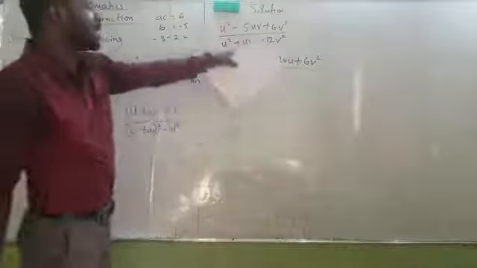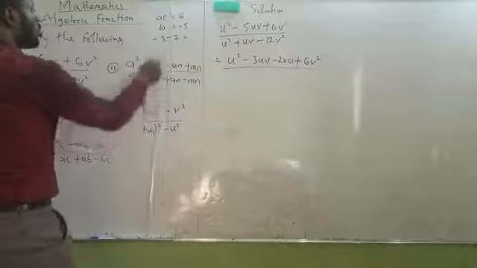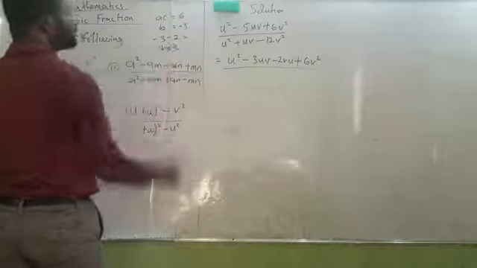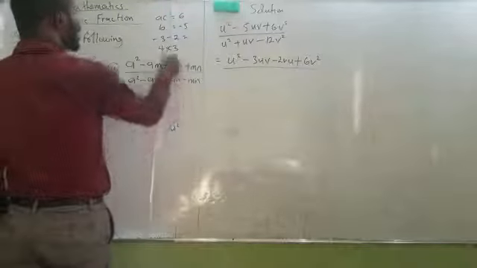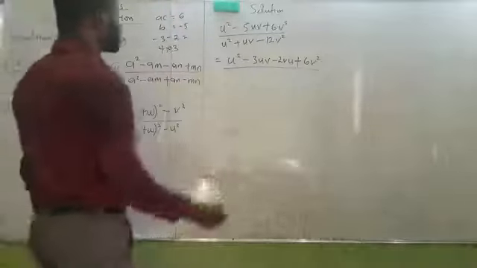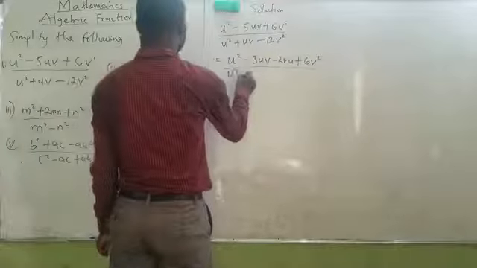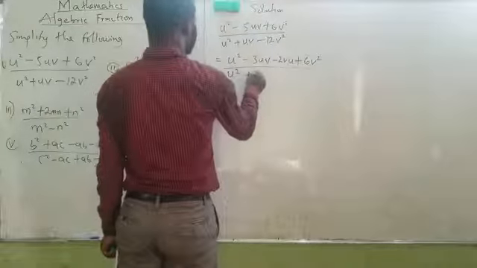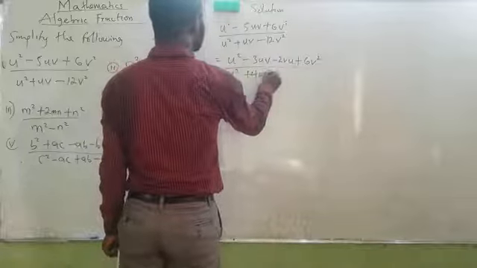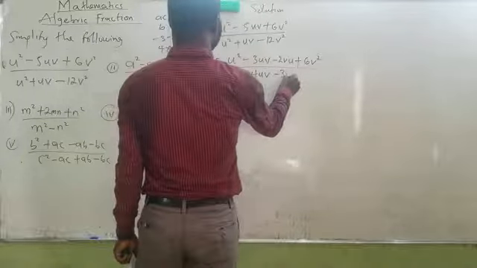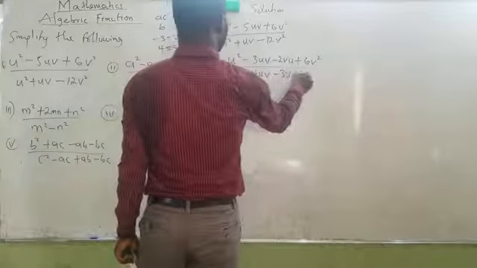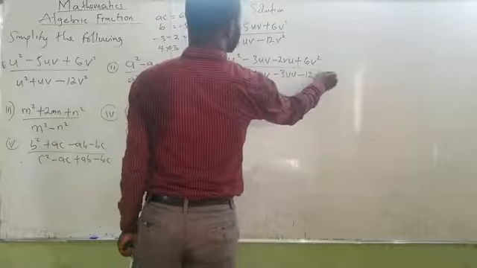Look at the second part. If I have 4 times 3, it will give me 12. Now, if I have this, it will give me what I want. It means u squared plus 4uv minus 3vu minus 4v squared.